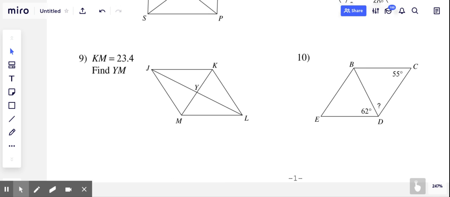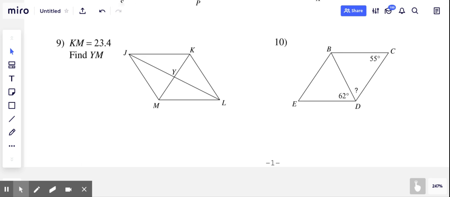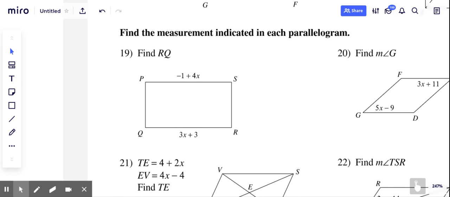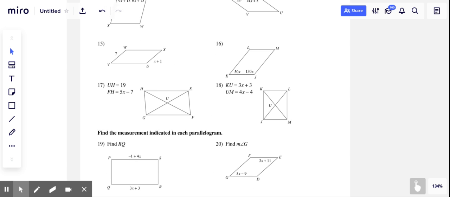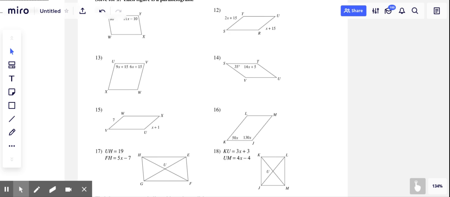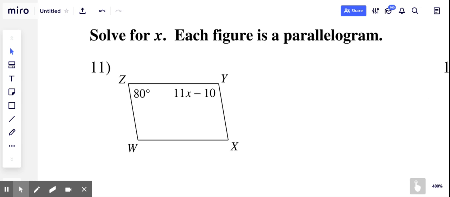Okay, so you can skip 8 and 10, but if you go on to this side, you have to set up some equations. It's the same idea. You want to ask yourself, what do I know about the pieces? Again, let's do number 11. What kind of angles are they?